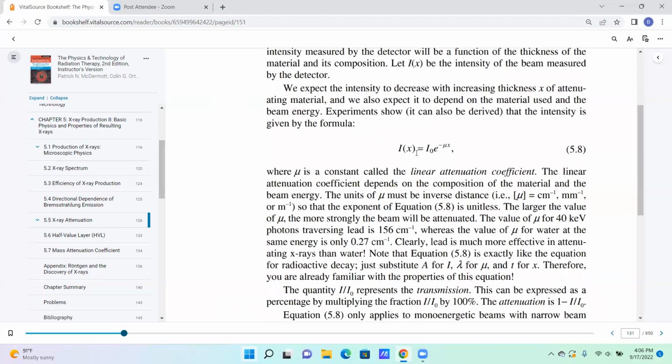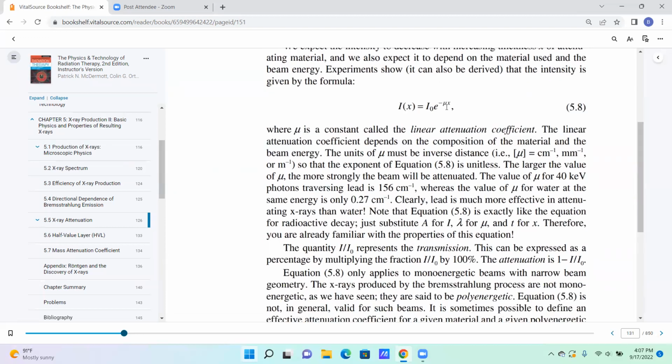Now, we can expect the attenuation to follow an exponential relationship. So the intensity at some distance x through the material is going to be equal to what you started with times e to the minus mu x. Mu is going to be a linear attenuation coefficient.